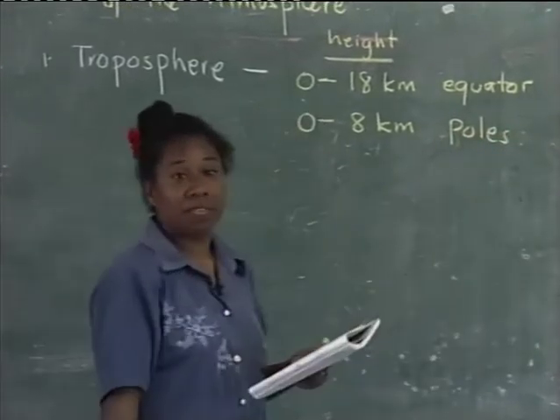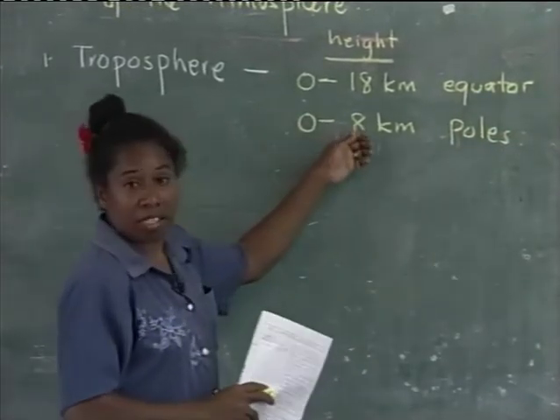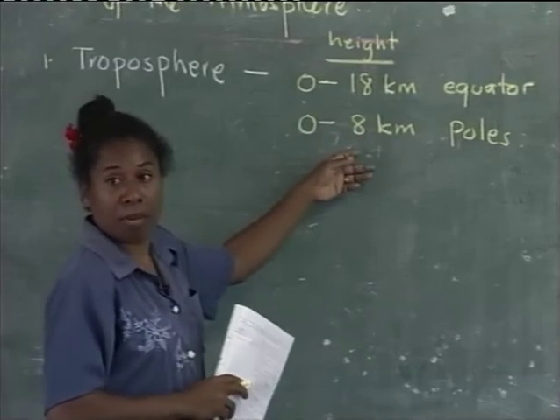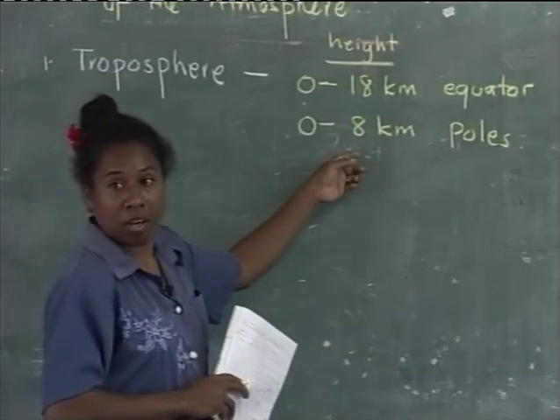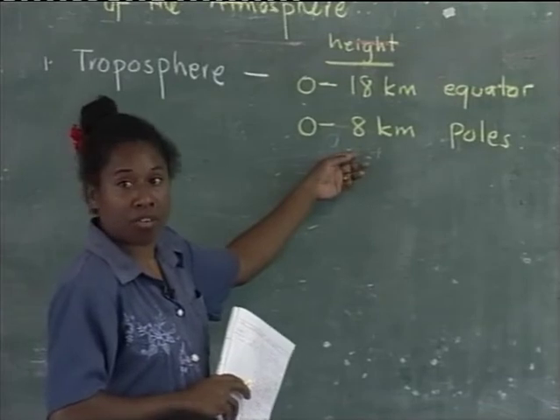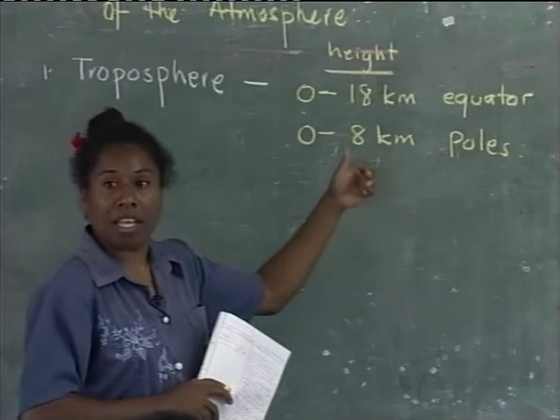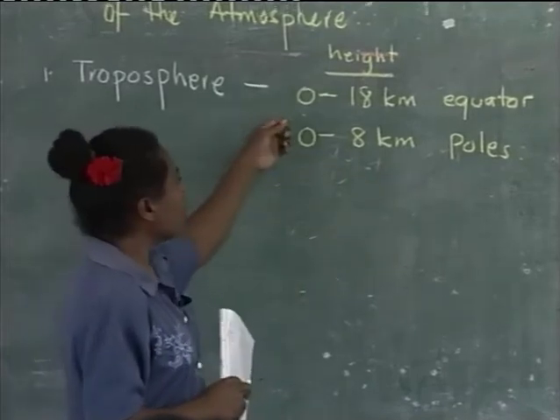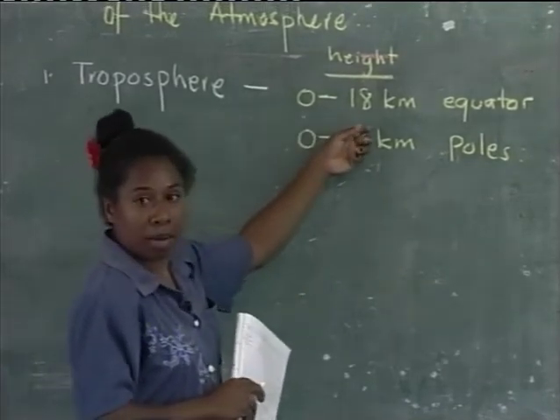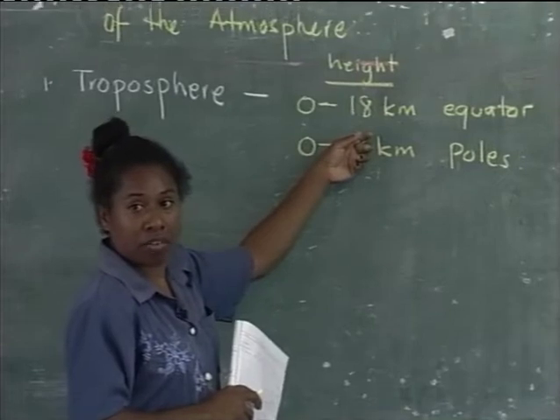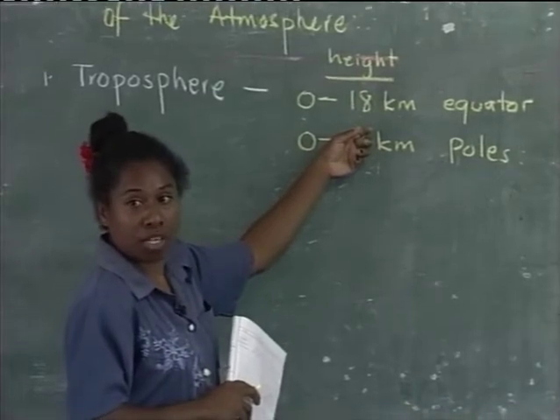Okay, so Val has given us very important information too about the range in height of the first layer of the atmosphere, which is the troposphere. It ranges from 0 to 18 kilometers, but at the equator, it is about 18 kilometers above. That's how high the troposphere can go up to in that zone.